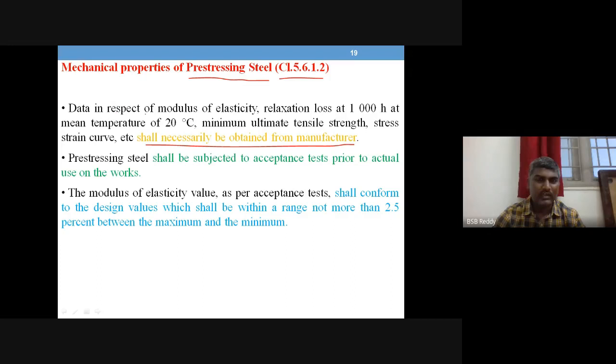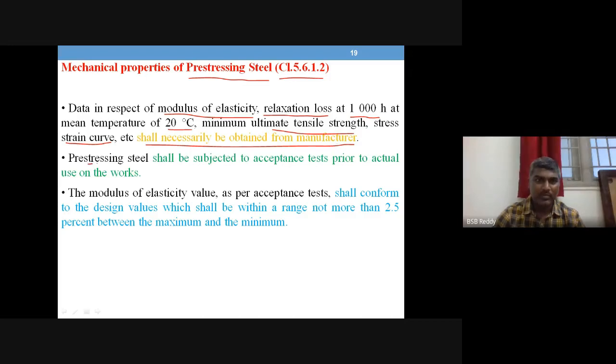So data in respect of modulus of elasticity, relaxation loss at 1000 hours at a mean temperature of 20 degrees, minimum ultimate tensile strength, stress strain curve, etc. All the mechanical properties shall necessarily be obtained from the manufacturer.